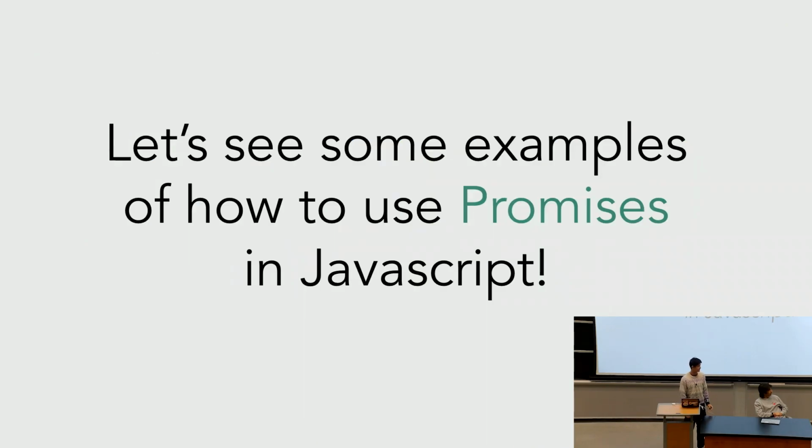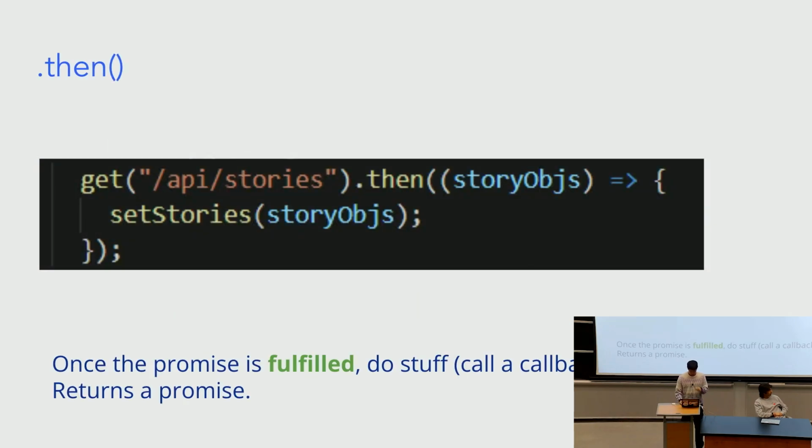Okay, but for now, let's see some examples of how to use promises in JavaScript. The first way that you process code with promises is you use something called .then. What this does is you use .then on a promise, and it takes a callback function, which takes whatever the result of that promise is and does something with that result.